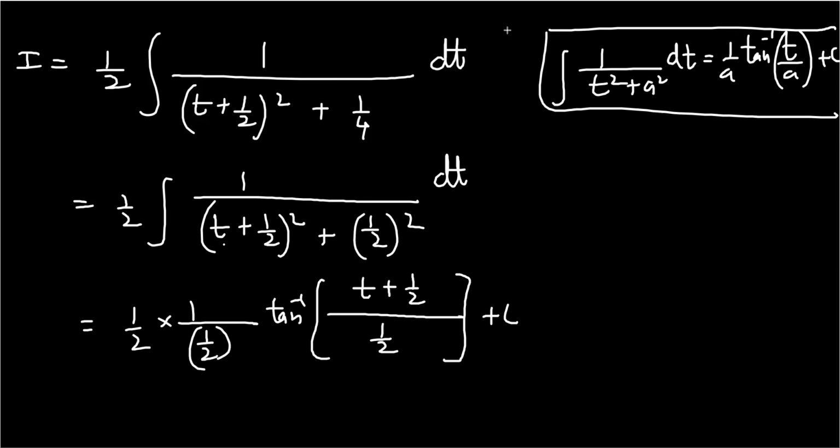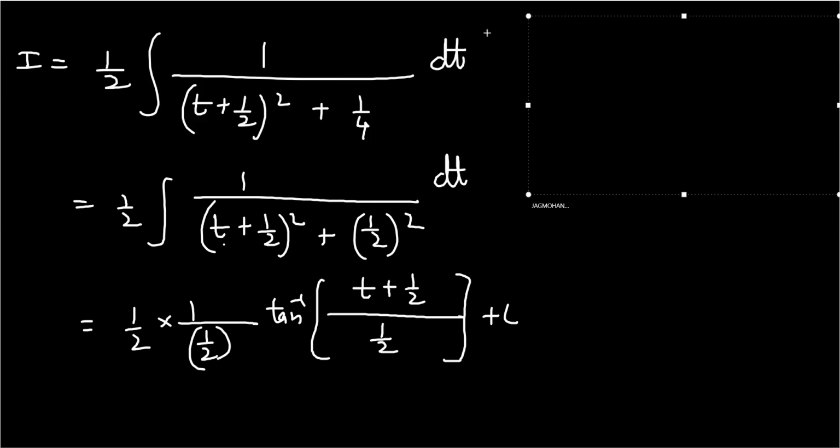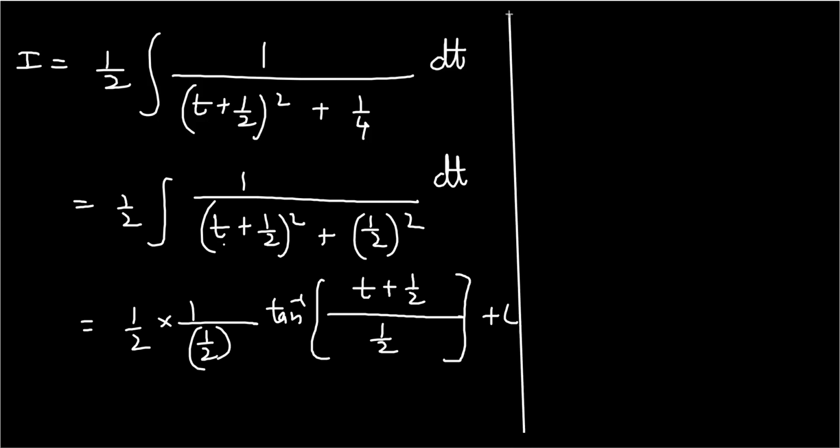So in the next step, this 2 will cancel this 2. So I have I equals tan inverse of, I take LCM in the numerator and simplify this.